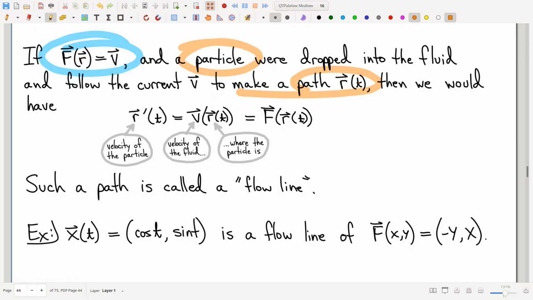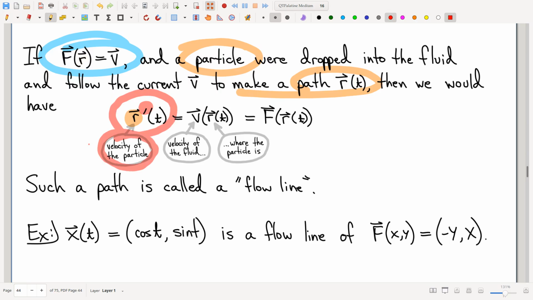And we can talk about the derivative of that parameterization. And, of course, derivative of position, let's think about that. Derivative of position is velocity. So this right here says the velocity of the leaf.